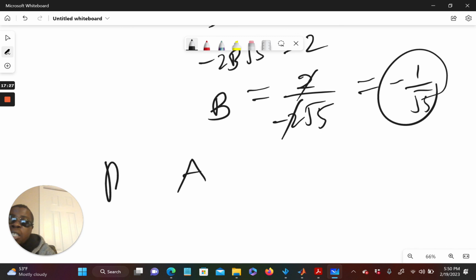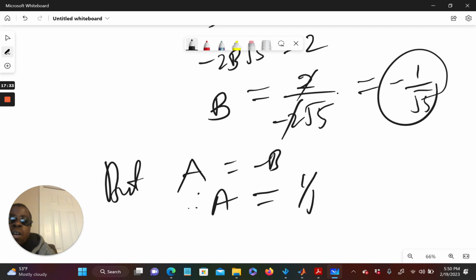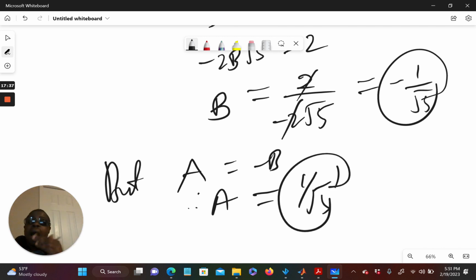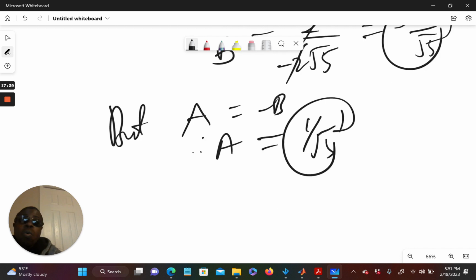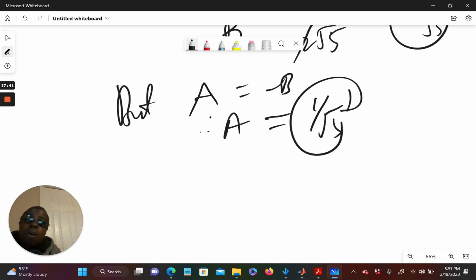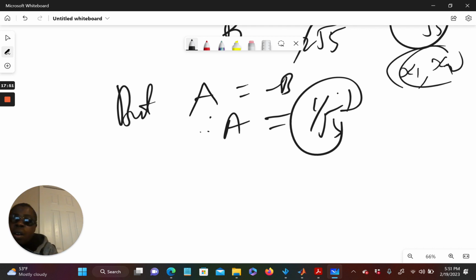Therefore, but a is negative b. So therefore, a is 1 over root 5. So I got values for my a and b. That is very, very cool. And the closed form solution, when you have two different roots, x1, x2 for the characteristic equation, is what?